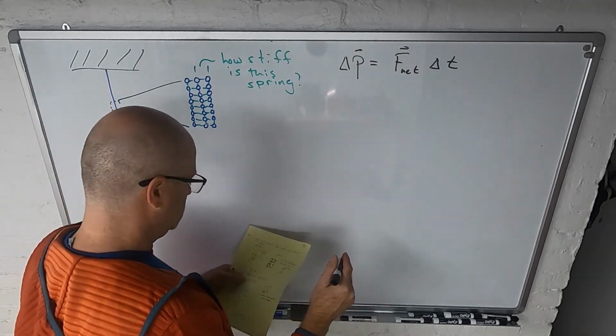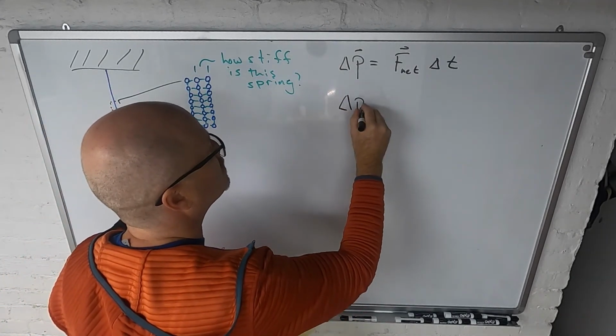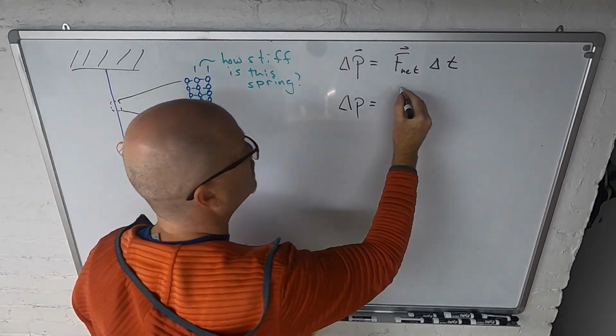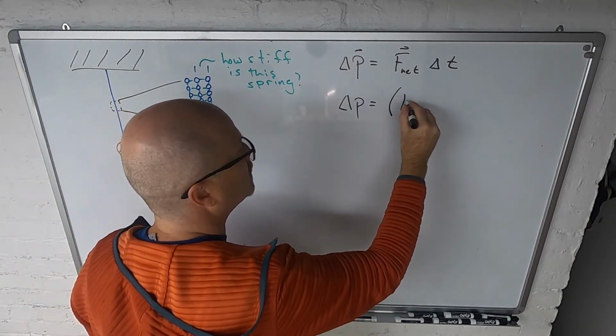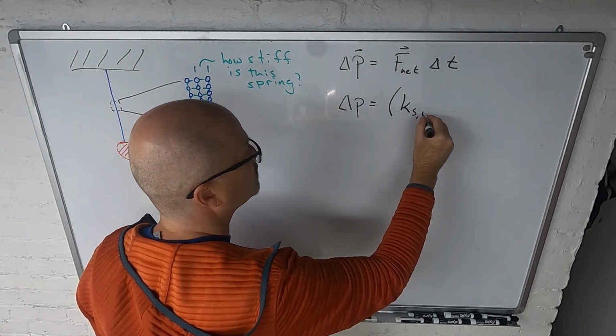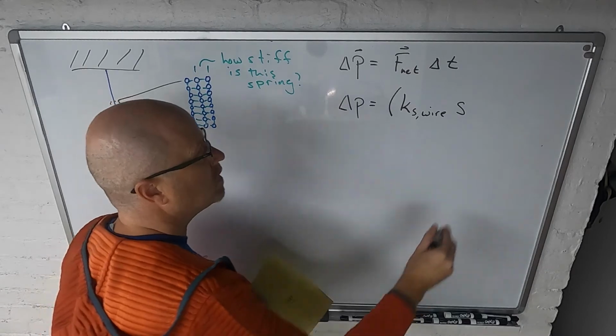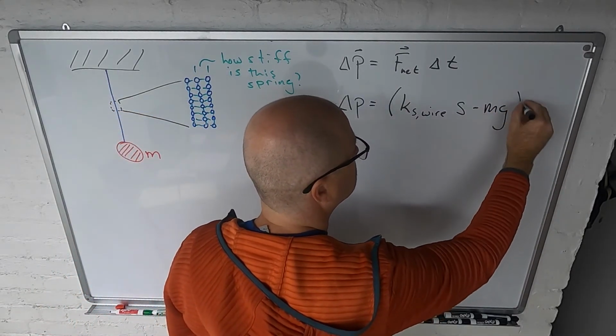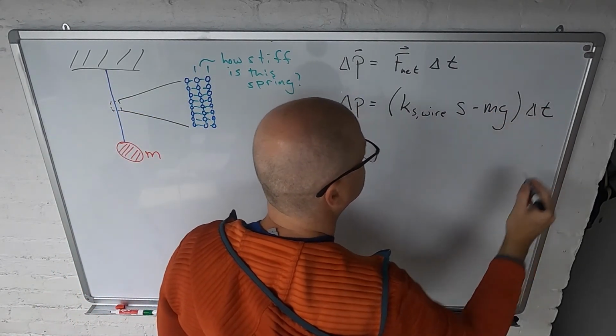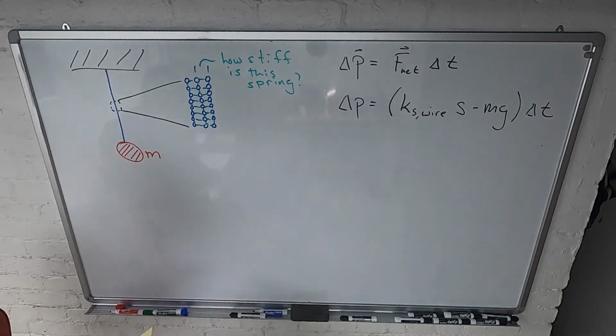Delta P is going to be the net force, which I'm going to call Ks of the wire times the stretch of the wire, minus mg, times delta t. Okay, so there's the momentum principle.